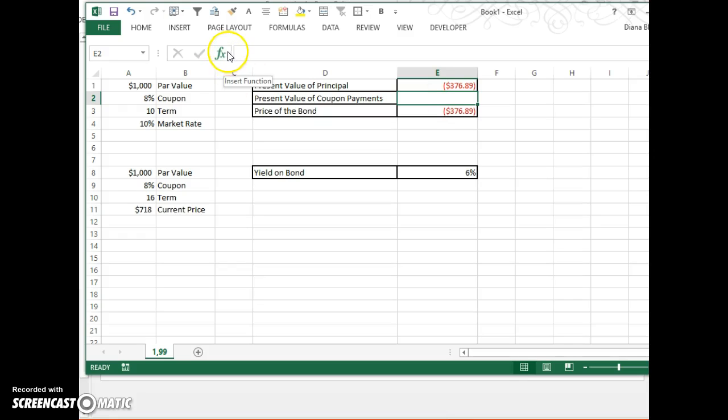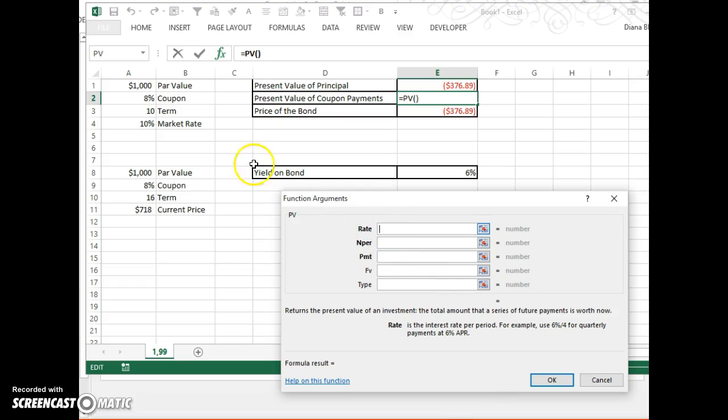Now, we also need to get the present value of the coupon payments. So let's grab the present value function again. And we're going to enter again our market rate divided by 2, our number of periods times 2, and then we're going to enter the payment. Now it's an 8% coupon payment, which means 8% of $1,000, and so that's $80, but again, we're assuming that we're going to receive these payments twice a year, so what we're actually going to get is $40 twice a year.